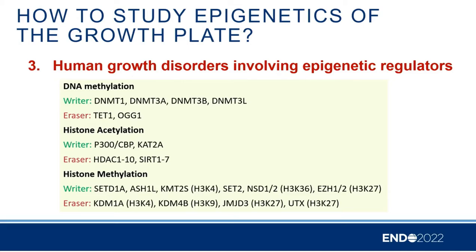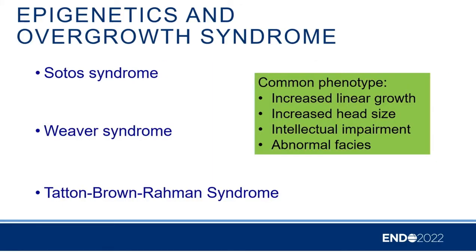So in addition to HDAC4 and 5, there's only a handful of genes on this list that directly cause growth disorders. There are KMT2 and KDM6 that could cause Kabuki syndrome, which has some decrease in height or short stature. But quite interestingly, there are a few of these genes that cause skeletal overgrowth.